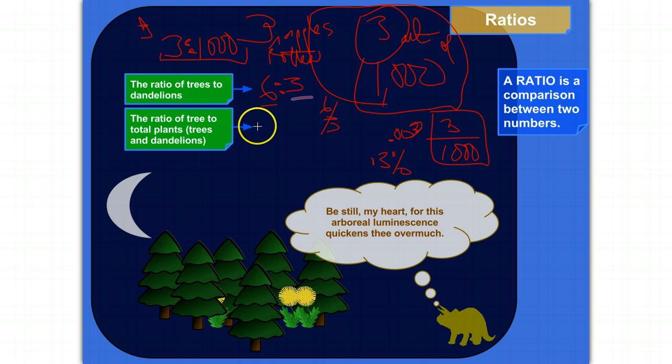So there's 6 trees out of 9 total plants. 1, 2, 3, 4, 5, 6, 7, 8, 9. So 6 out of 9 of the plants down here are trees.